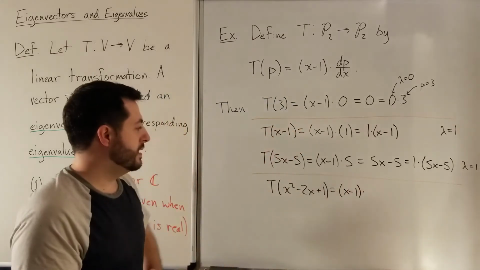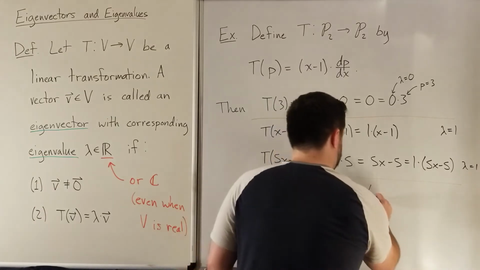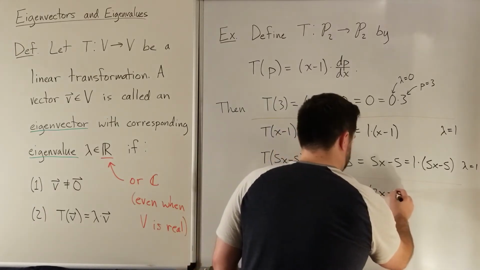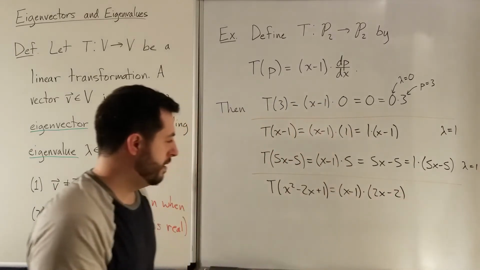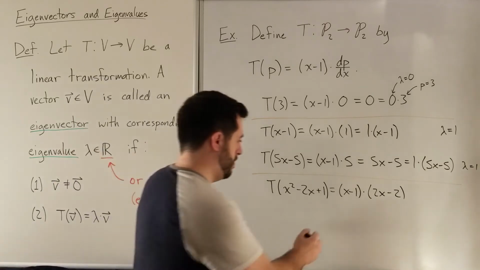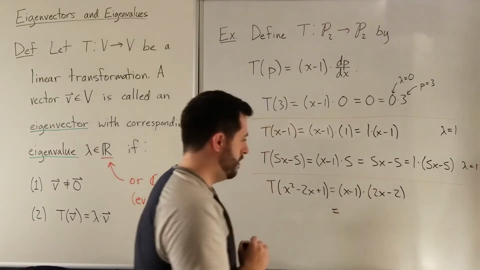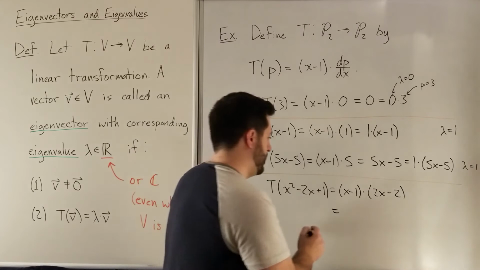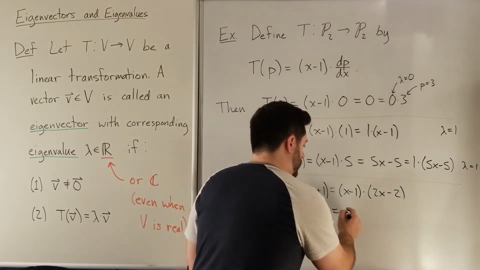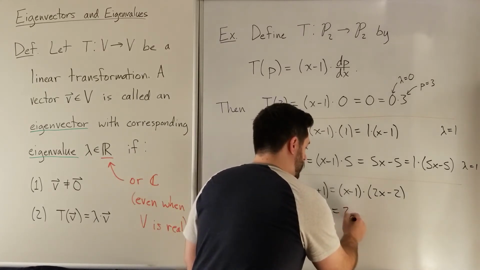So we have x minus 1 times the derivative of this, which is 2x minus 2. All right, so I am now going to multiply this out.